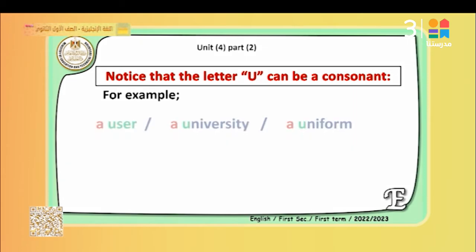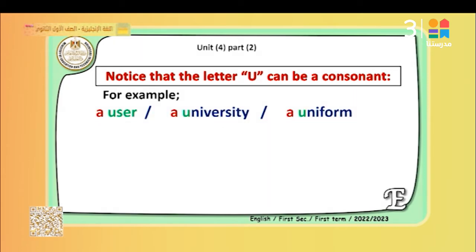What about this example? A user, a university, a uniform. The letter U is pronounced "yoo" here, so it's a consonant. If the letter U is pronounced "uh," like umbrella or uncle, it's a vowel. If it is pronounced "yoo," like user, university, or uniform, it's a consonant, and we use a, not an.